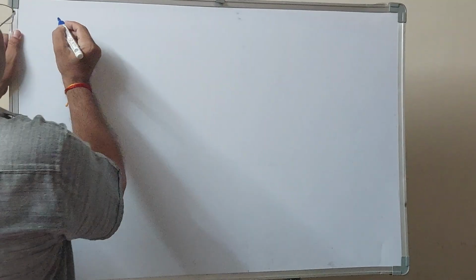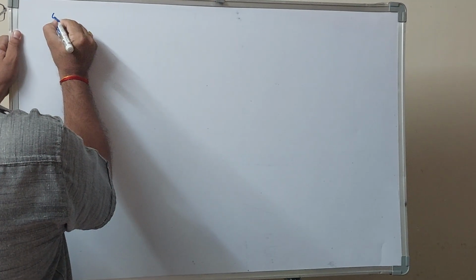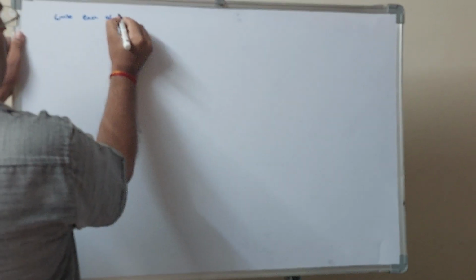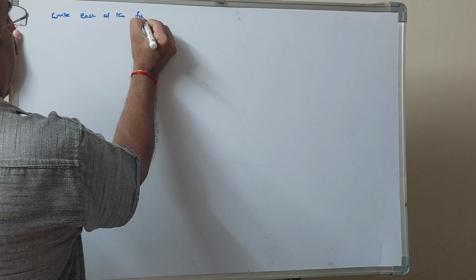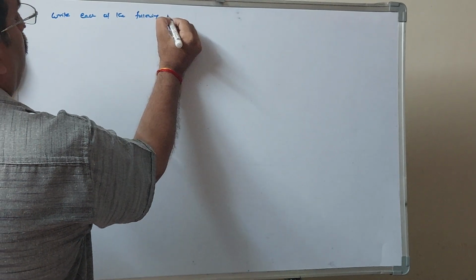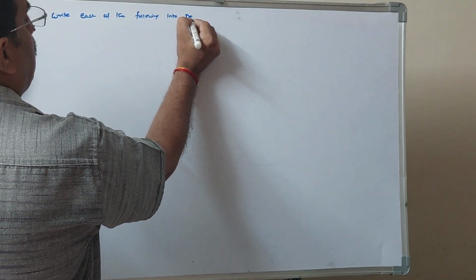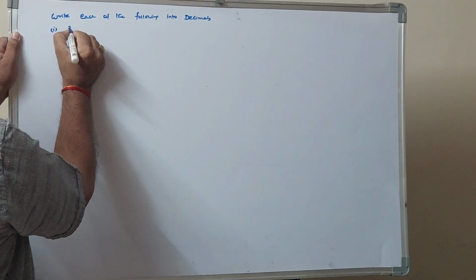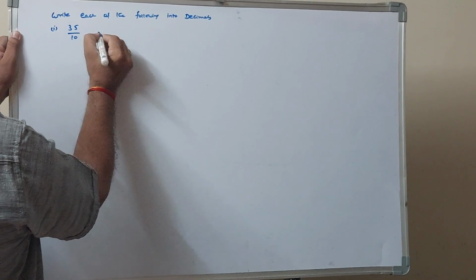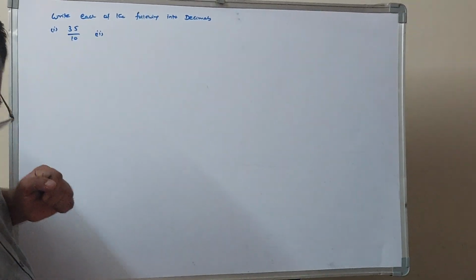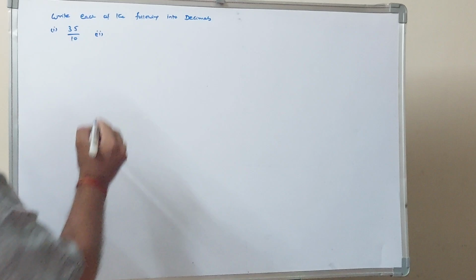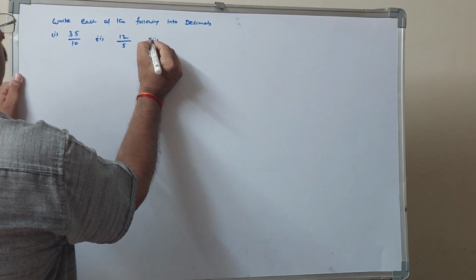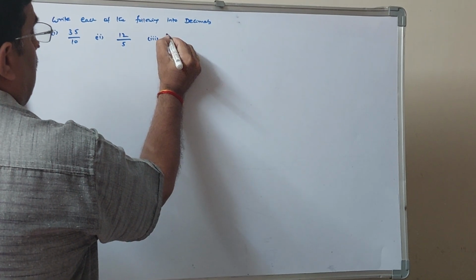Sometimes they may ask like this: write each of the following into decimals. First one is 35/10. Second one is 12/5. Third one is 7/2.